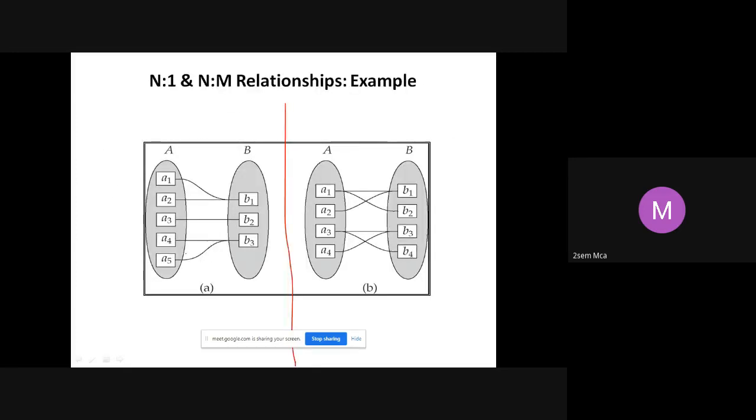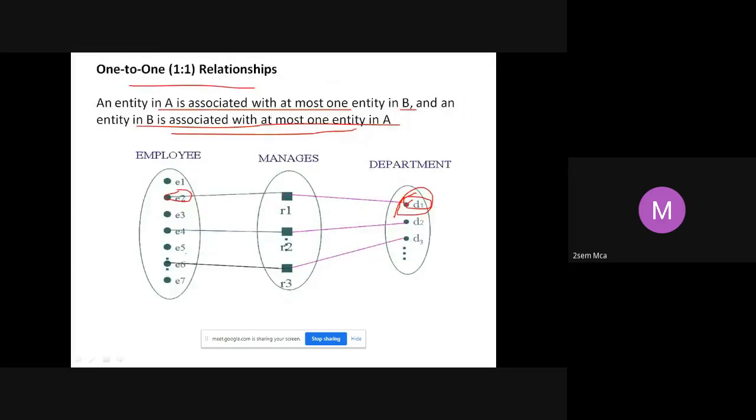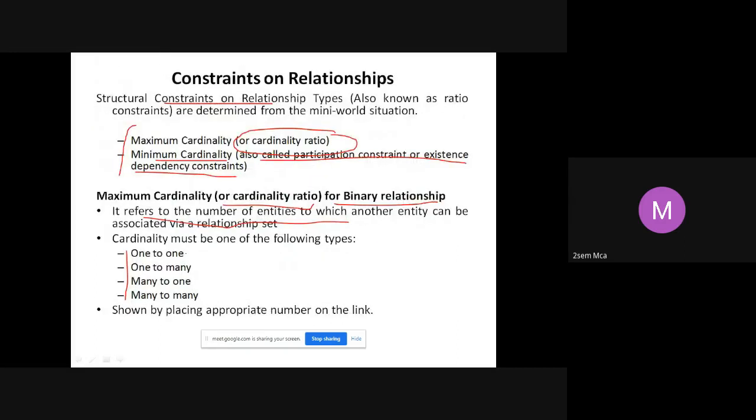So that is when I said relationship constraints can be of two types. Maximum cardinality, which is also called cardinality ratio. Maximum cardinality means how many instances of one particular entity are related to how many instances of another entity.